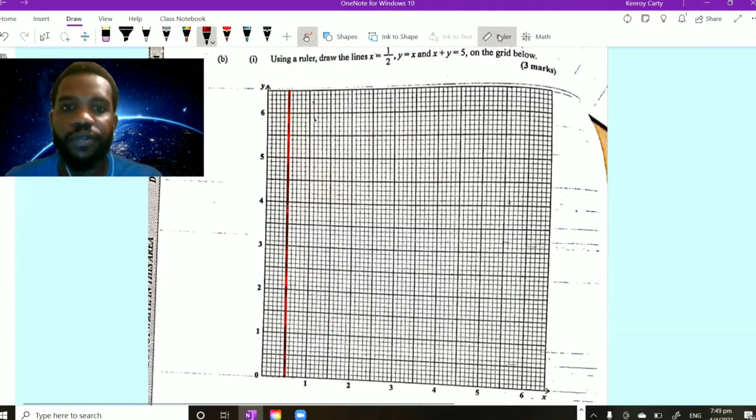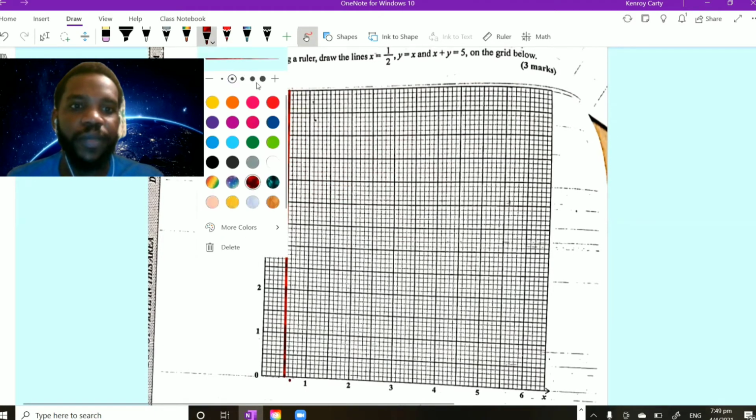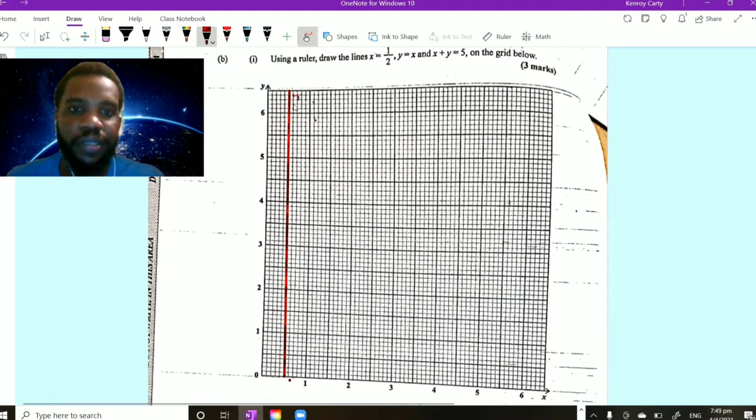Okay, let me take off the ruler now so you can see it. So x equal a half is a vertical line going down through a half on the x-axis. And once you draw a line, the first thing you're going to do is to label it. So this is the line x equal to a half.